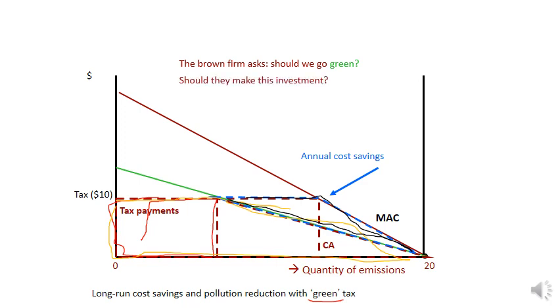If so, they'll switch. So should they make this investment? Yes, if the net present value of the benefits is greater than the initial cost of making the technology adjustment.